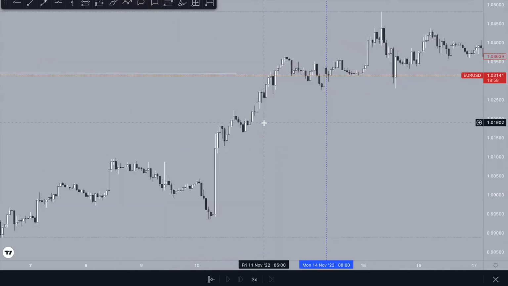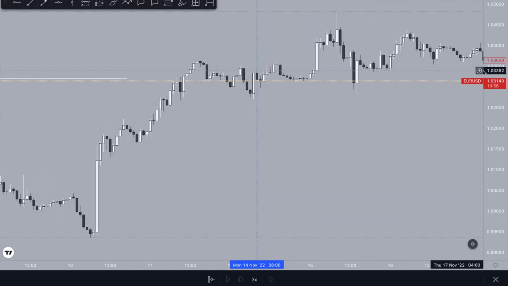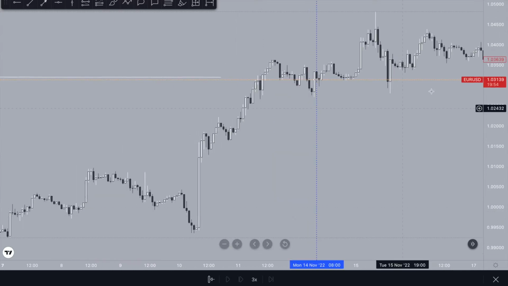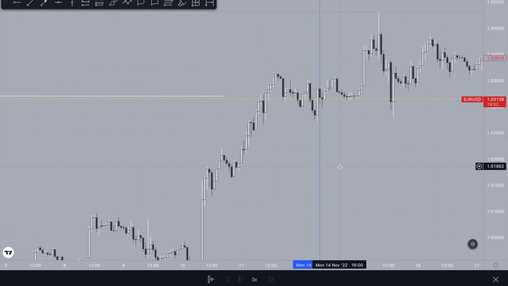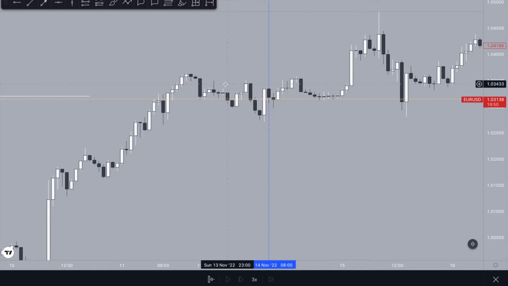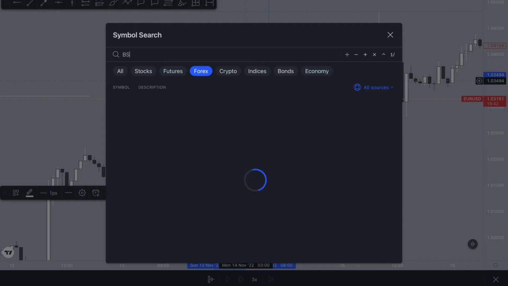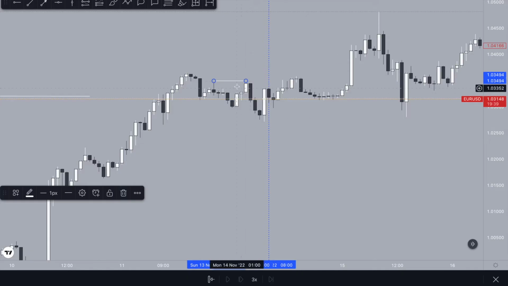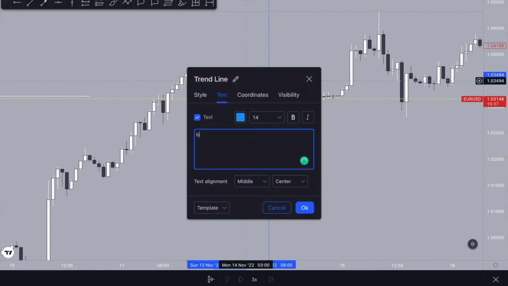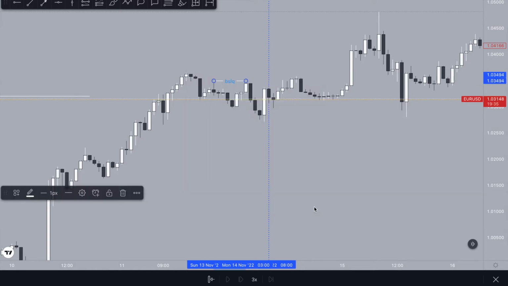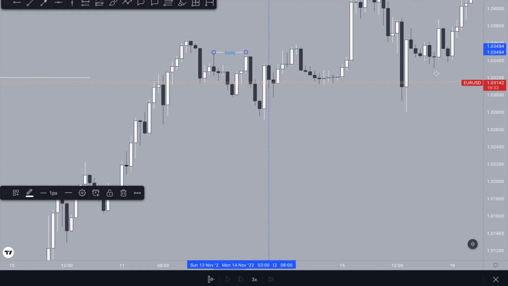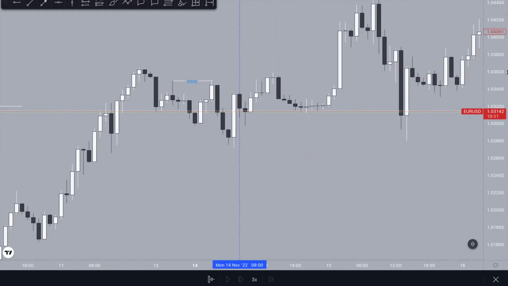Right there we have our buy side liquidity here, the old high. Oops, sorry about that. So this is our old buy side liquidity. Let me just make it a little bigger for you guys.